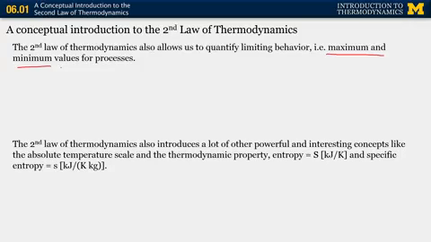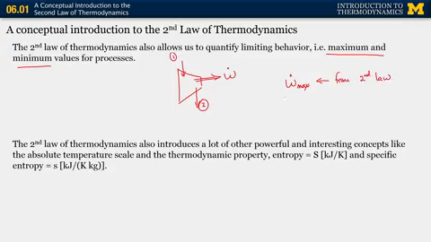So we can take, for example, our turbine, which is our workhorse for our power plant. So we have some mass that goes into our turbine at state 1, it exits our turbine at state 2, we spin a shaft, and that allows us to generate some power. The second law tells us what's the maximum power we can derive from that turbine. So this comes from the second law.